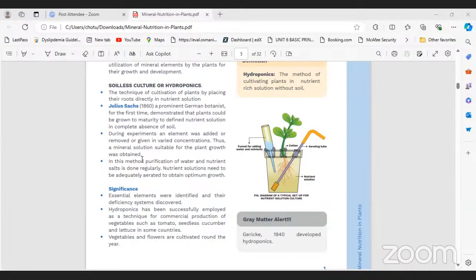First carbon, second hydrogen, third oxygen, fourth nitrogen, fifth sulfur, sixth phosphorus, seventh potassium, eighth magnesium, ninth calcium, tenth iron. These are macro elements or major elements.